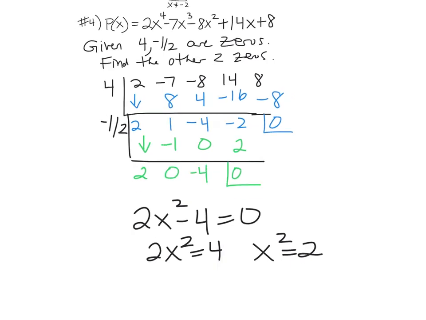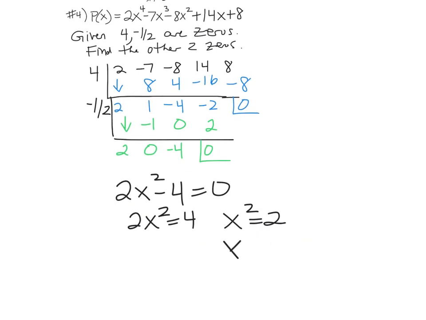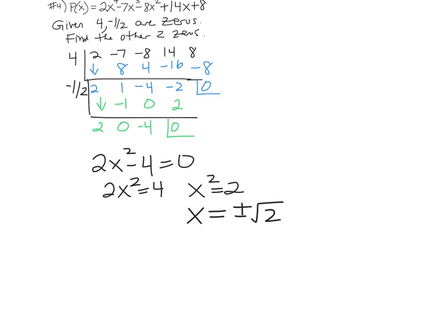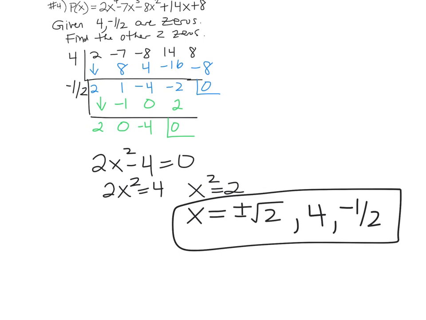So x squared equals 2, which means x would equal plus or minus rad 2. Those are not rational zeros. They are zeros, they're not rational. And then the other ones are 4 and negative 1/2. So those are your 4 zeros of your polynomial. Okay? So that's what synthetic division does. It helps you to get all the zeros when you have a couple, helps you get all the rest of them.